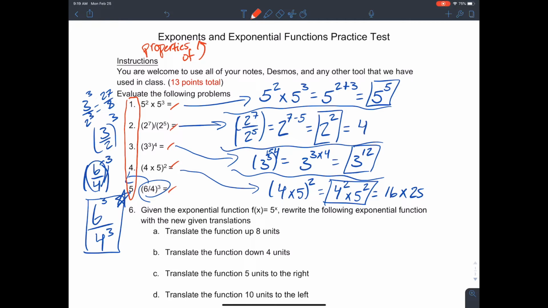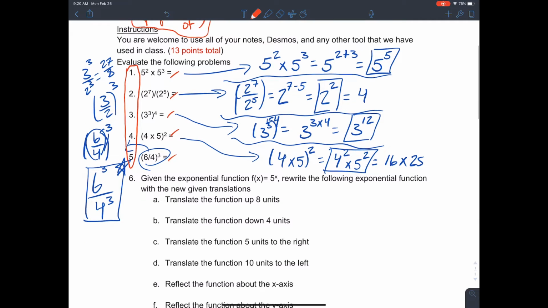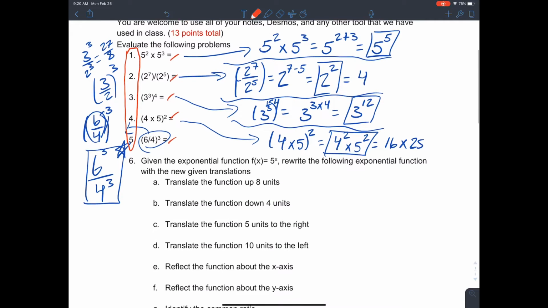It won't usually do numbers; it'll have letters, but you can fill in the numbers, and there are numerical examples as well. So if you're having trouble with 1 through 5, I highly suggest you look up properties of exponents. Okay? Since I'm letting you use your notes, you can easily just write them down, but make sure you understand how to use them.